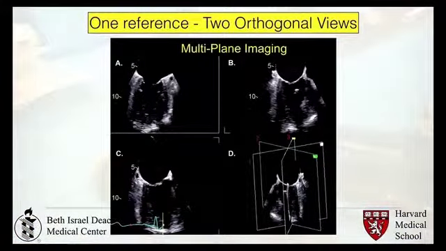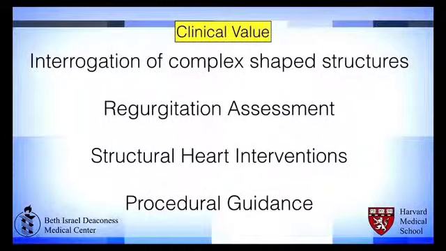Now, some manufacturers allow not just one, but three simultaneous orthogonal planes. This is, again, more information. Seeing the same structure from multiple views at the same time can be extremely useful, particularly for assessment of regurgitation jets, the left atrial appendage, as you can see for this one, and structural heart disease interventions, particularly for procedural guidance.